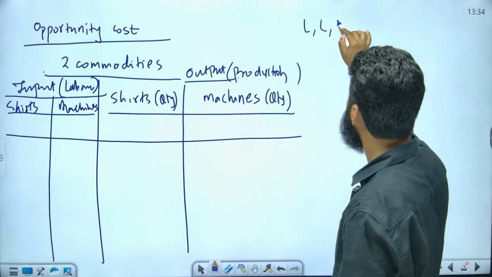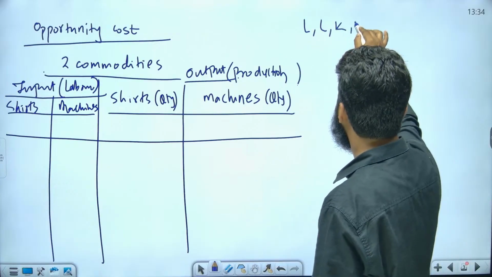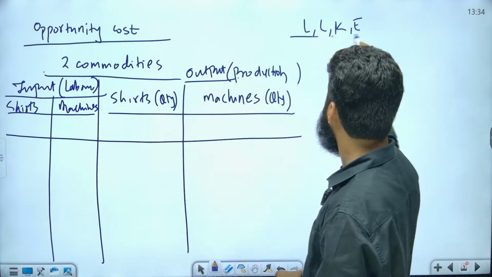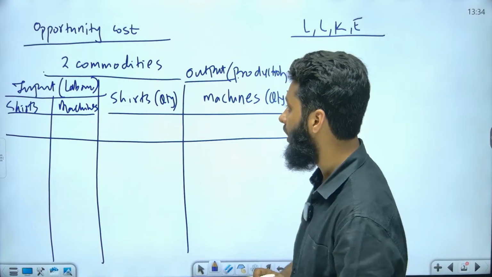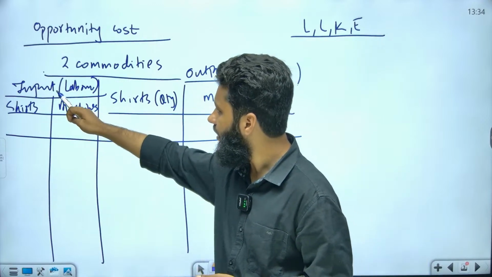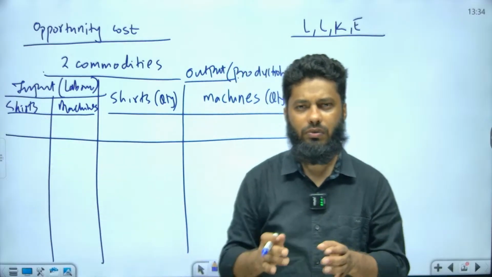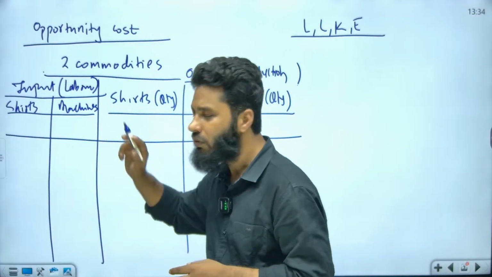These are the basic inputs, or what we say factors of production: land, labor, capital, and entrepreneurship or enterprise, right? When we talk about changing one input, we are diverting labor from shirts to machines.